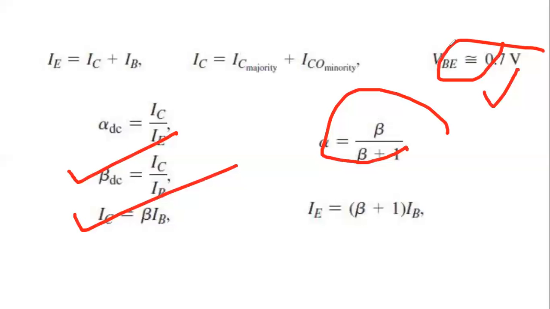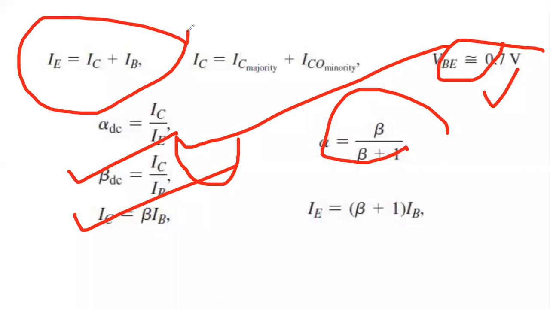So we already used these three equations in one example. And this is the mother equation, IE equals IC plus IB. In this way we will solve the rest of the problems.